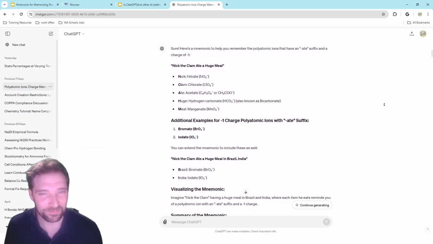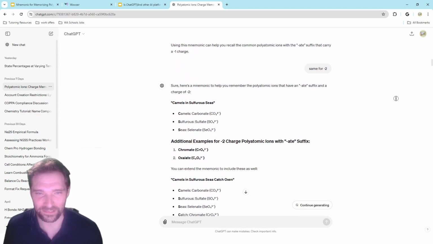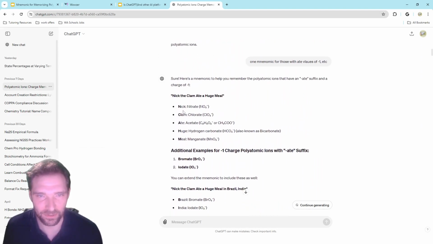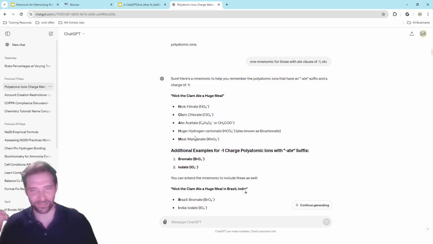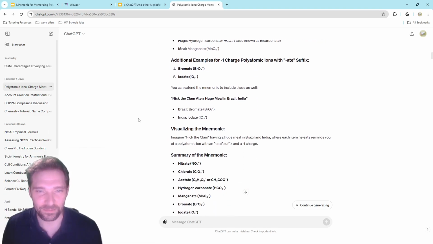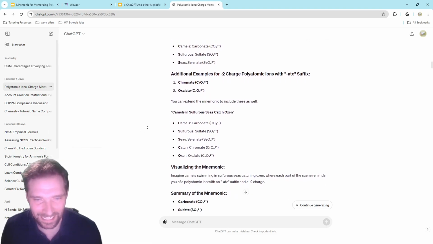And it got something that was okay at first, but it needed some work, as you can tell. It didn't have as much of an interesting story that you could imagine relating these 3 different things, because it was just making the -1 charge. So I wanted to do something for -2 charge. It gave me something that kind of works.